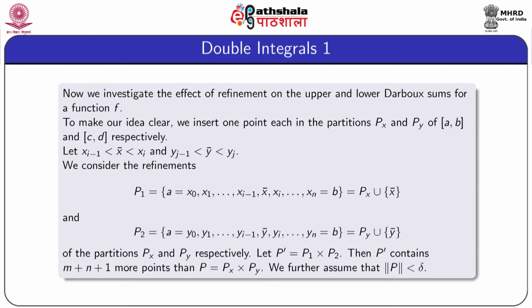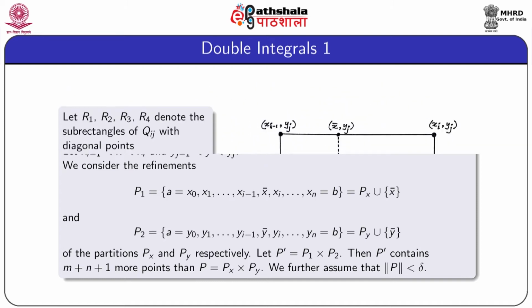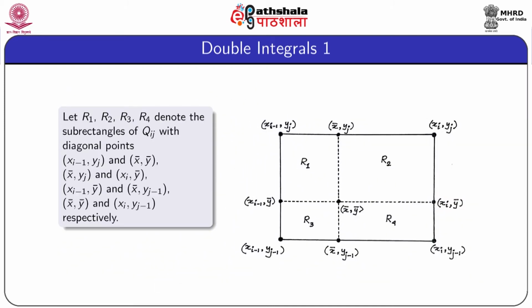Let P dash be P1 times P2. Then P dash contains m plus n plus 1 more points than P equal to Px times Py. We further assume that norm of P less than delta. So, we denote this by a picture here.